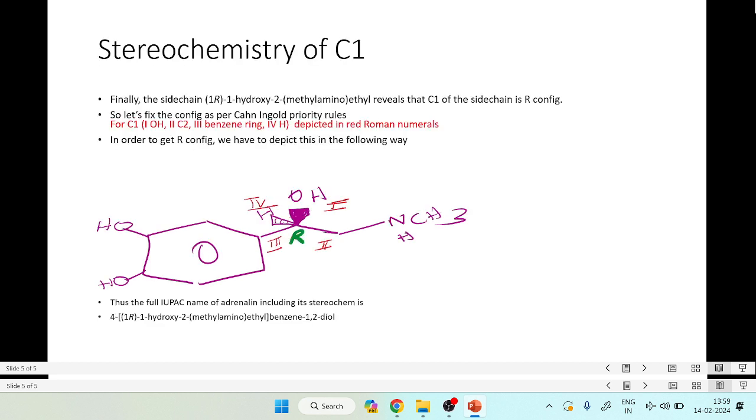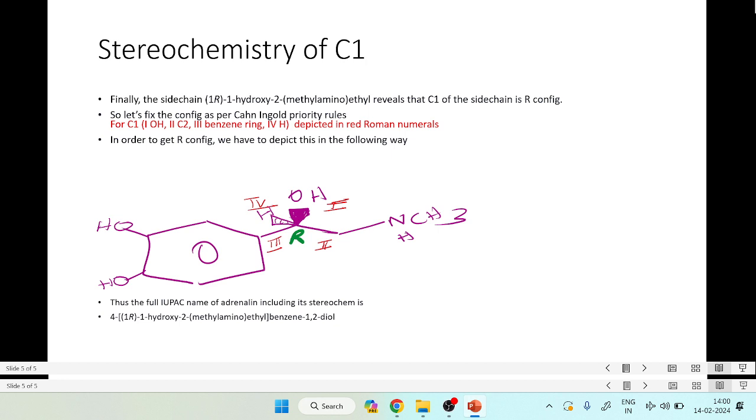Okay, now finally the side chain name reveals, through the 1R, that this C1 has R configuration. Okay, so let's fix the configuration as per the Cahn-Ingold-Prelog priority rules.